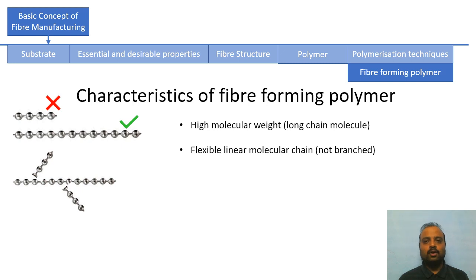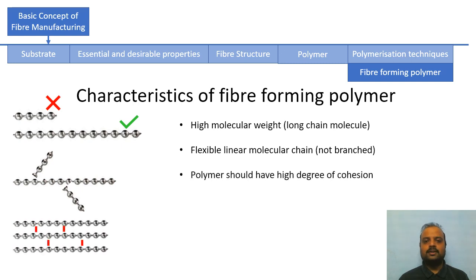So to form a fiber, polymer must have a linear structure, and the linear structure must be flexible enough. Polymer must be linear, straight, not branched, as shown in this figure, with a high degree of symmetry.